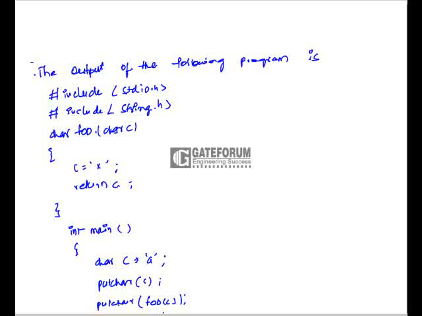Then one more putchar function is called on the value which is returned by the function foo, and then again putchar is called on the variable C. At last, return 0.